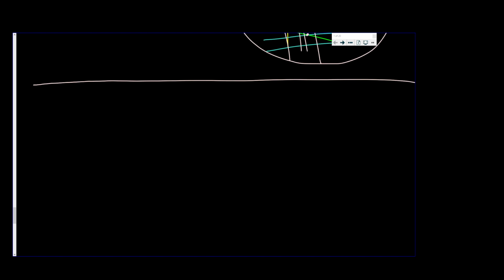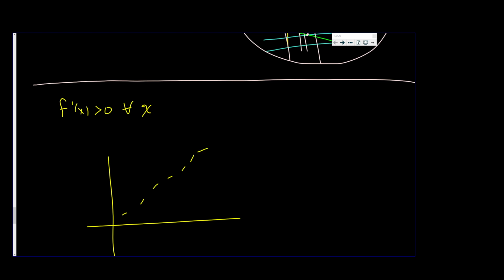Well, if the first derivative is always positive for all x, so for this x it's positive, for that x it's positive. It's getting less positive, but is positive. Positive, less positive, more positive, even more positive, a little less positive, positive slope, more positive.